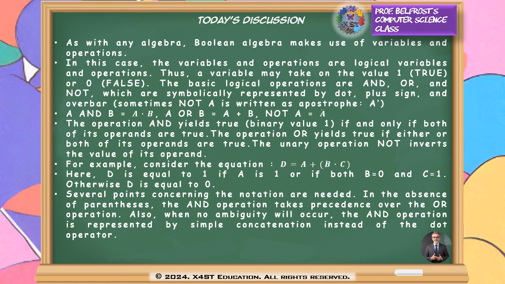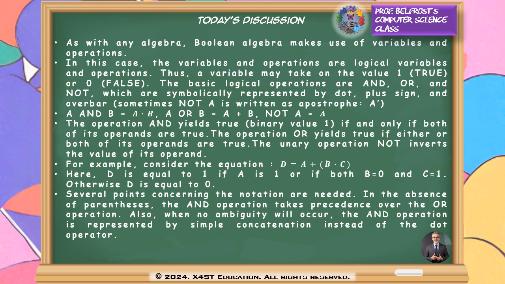Okay. So the operation AND yields true only if both of its operands are true. The operation OR yields true if either or both of its operands are true. And the operation NOT inverts the value of its operand. Okay, so how about this one?